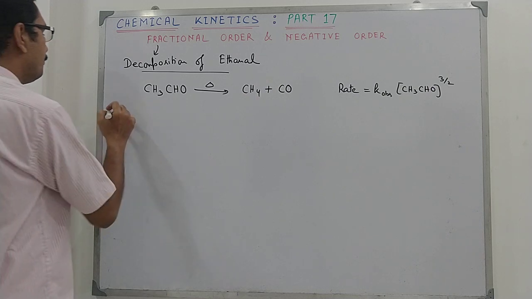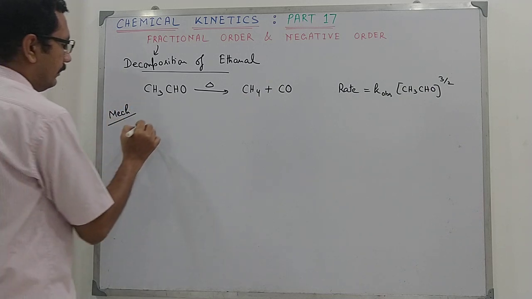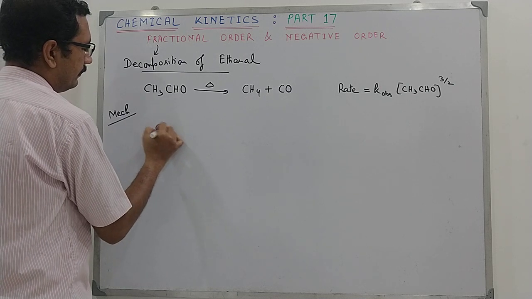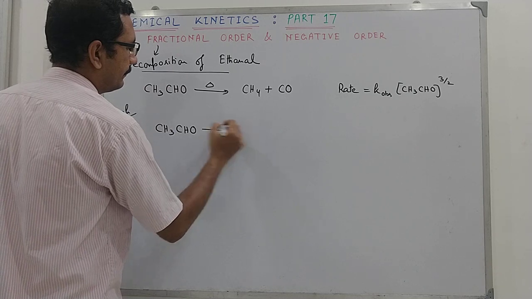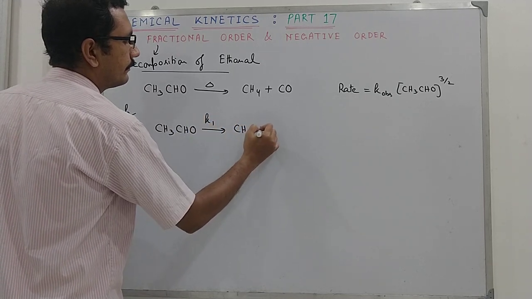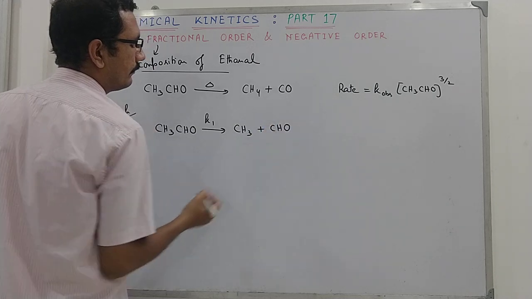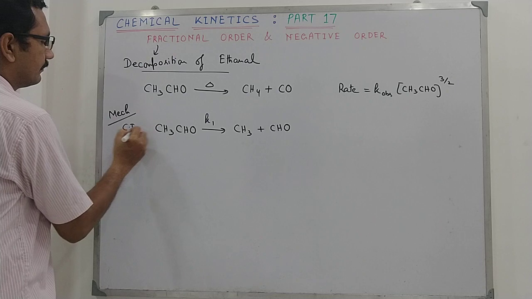Now a mechanism has been put forward like this. One is the first step having the rate constant K1. Now this was called the chain initiation.